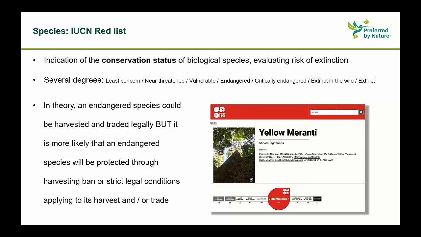However, it is a very important indication, because it is more likely that an endangered species would be protected, either by national legislation in place, but maybe also by a forest management plan in place, etc. So checking the IUCN status of the species does not mean that it's illegal to harvest and trade the species, but it must be a red flag that raises the level of attention and care when there's an endangered status coming up.